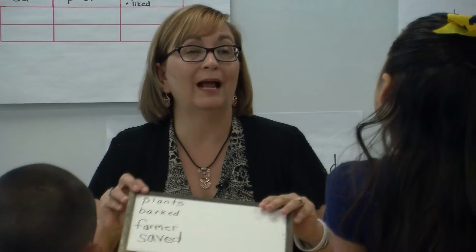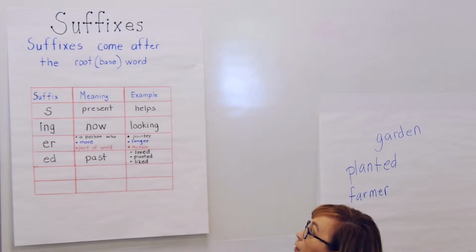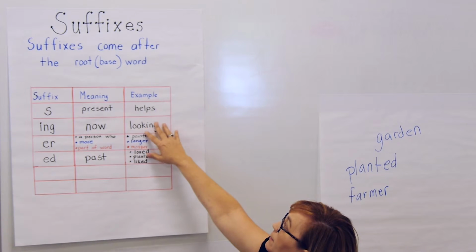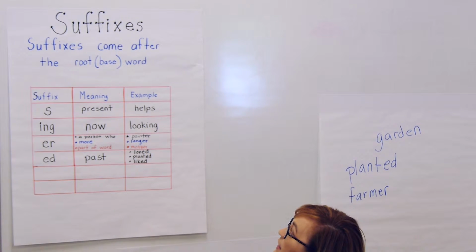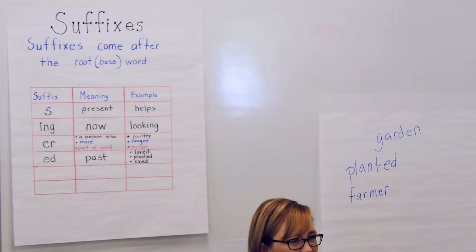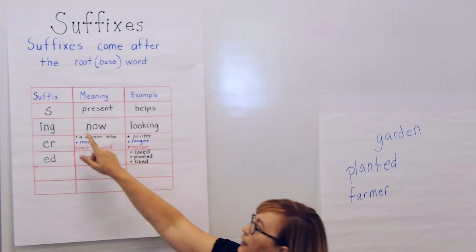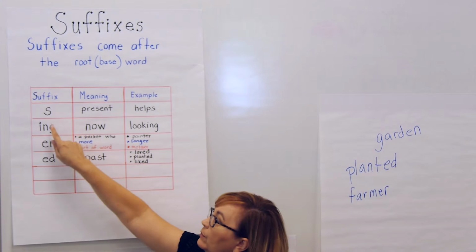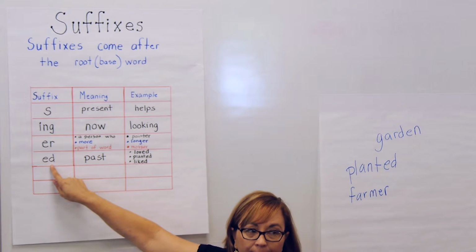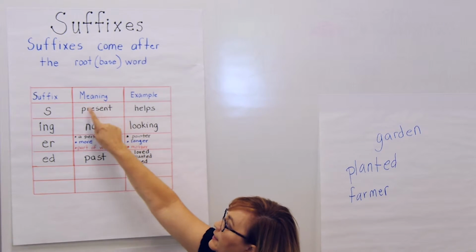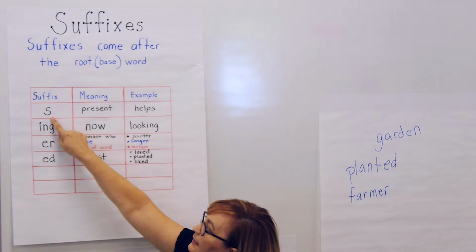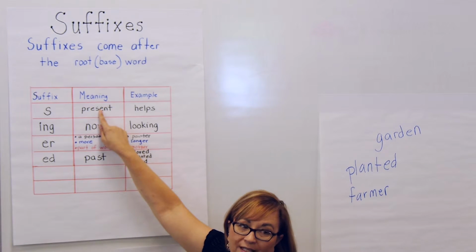And when we do that and we're adding those parts to the words, we call those suffixes, don't we? So if we look at our board up here, we're going to see this little chart. It's called suffixes. And it says suffixes come after the root, or sometimes teachers call it the base word. These are the ones that we talked about today. If we think about something that has an S at the end, it's talking about present, like right now.